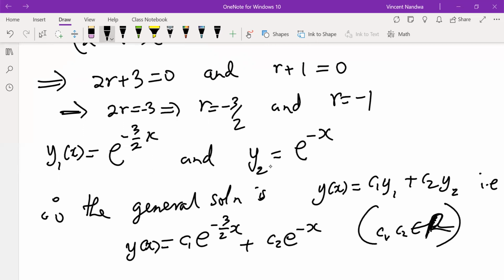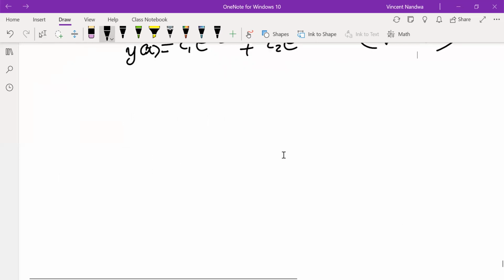So these are just real numbers. And then the second part is now to show that what we have is indeed a solution.